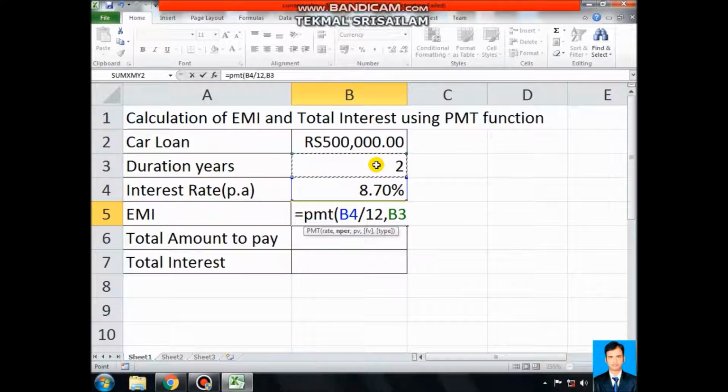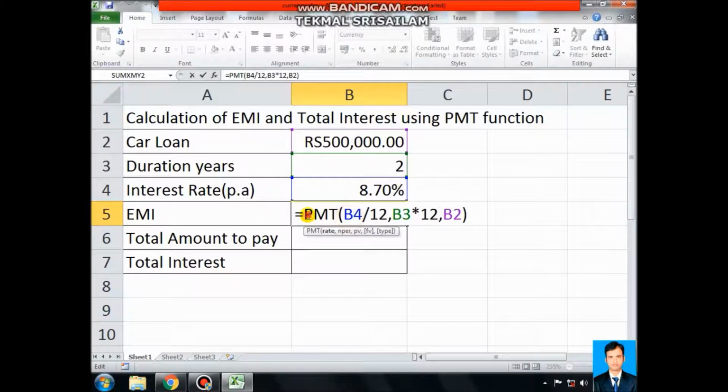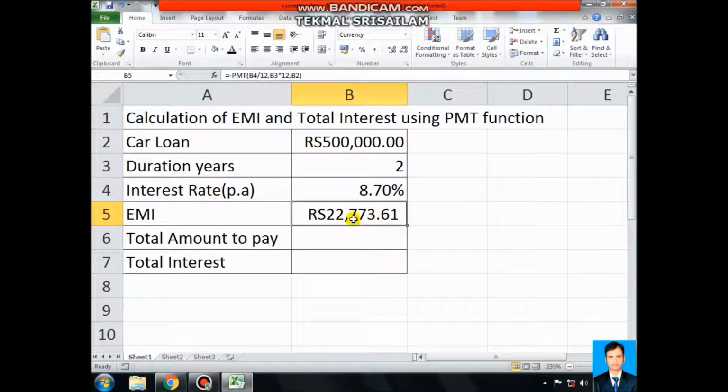Select the cell reference and multiply with 12, because here I have to mention the number of months. The value is in years, so I am multiplying that value by 12 to convert from years to months. That is B32 into 12, comma, principal amount, that is present value, close parenthesis. That's all. To avoid getting a negative number, please put the minus symbol before PMT. So this is the amount which we have to pay back each and every month until 2 years.